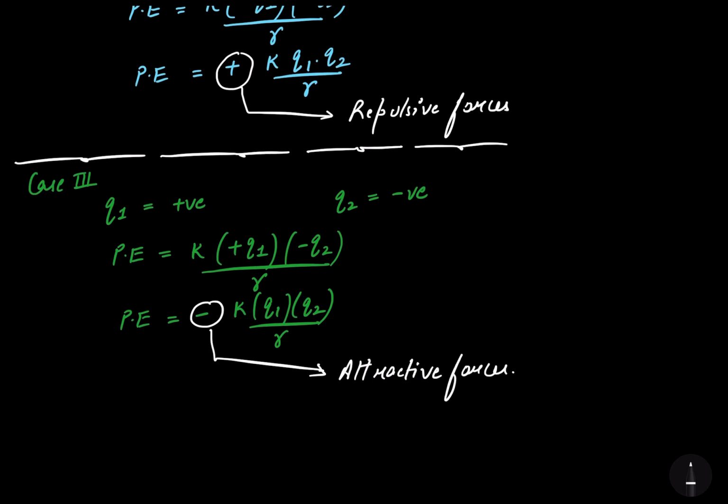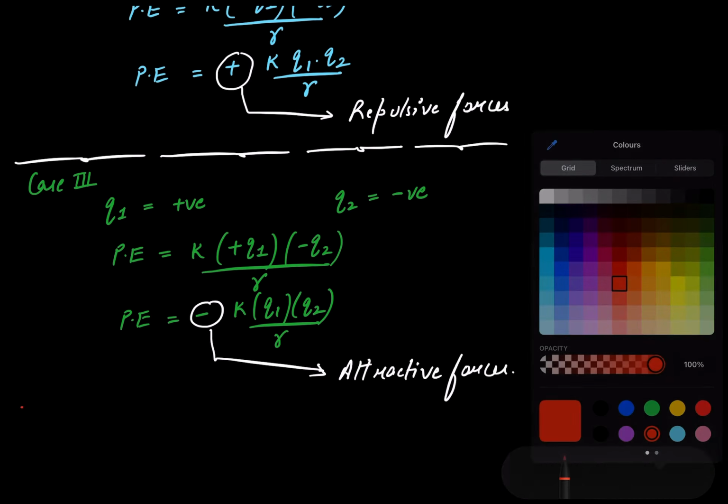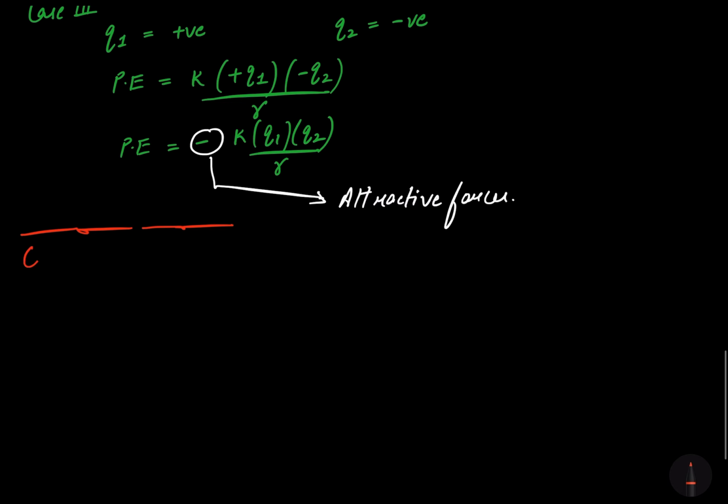Now let's talk about case number 4. Let Q1 be negative now and Q2 positive. So it's again unlike charges. I have just reversed the situation. In case number 3, my Q1 was positive and Q2 was negative. But in case number 4, my Q1 is negative but Q2 is positive.